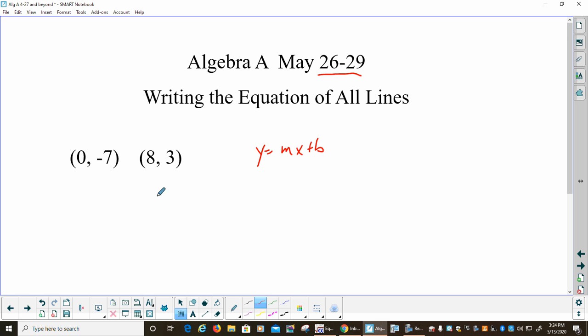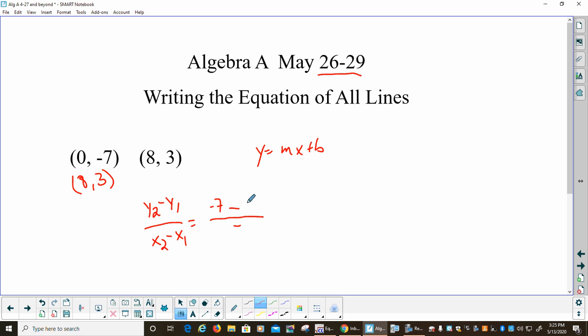All right. First thing you have to do when you have 2 points is you have to find the slope. Creature of habit, so I'm going to write the second one underneath the first one. You're doing y sub 2 minus y sub 1 over x sub 2 minus x sub 1. So I'm going to write those subtraction symbols in first, and then I'm going to just work down.